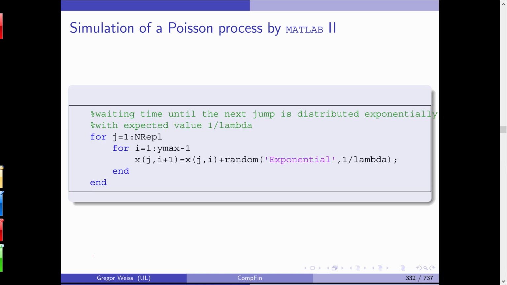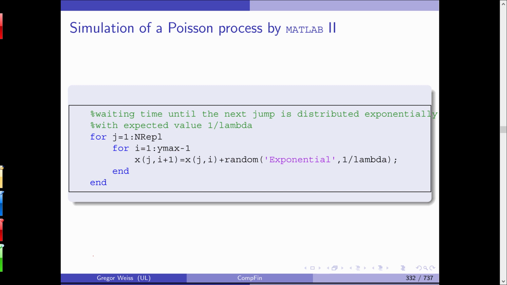And now what we do is we know that the jump will take the process from 0 to 1, from 1 to 2, from 2 to 3, and so on. The only thing that is stochastic is the waiting time, the time we have to wait until the next jump goes from 2 to 3, 3 to 4, and so on.